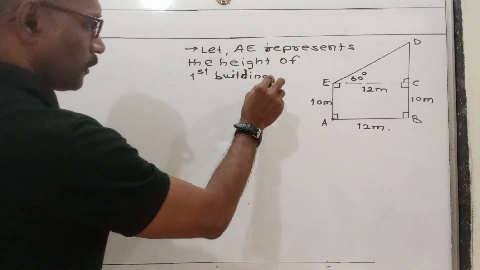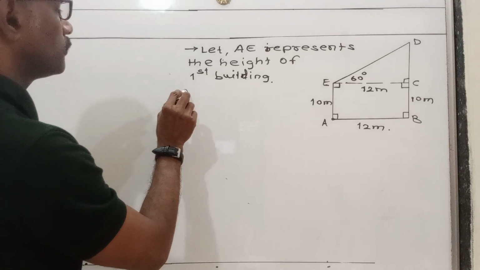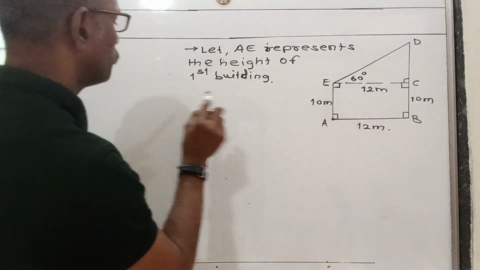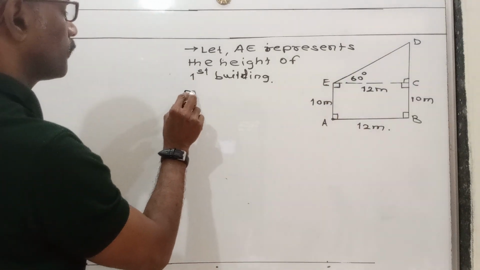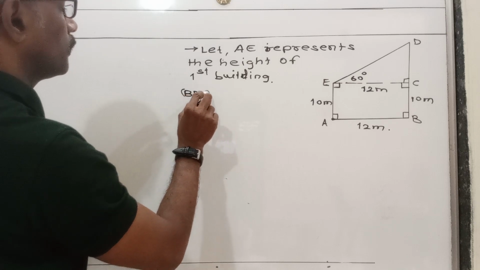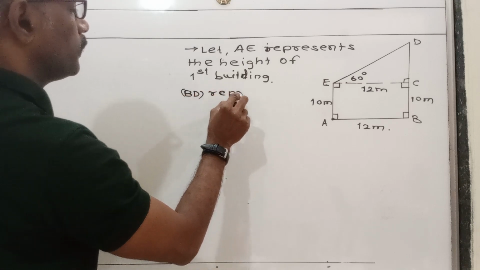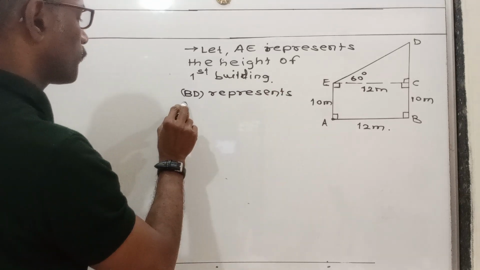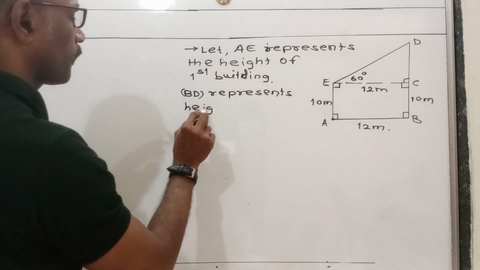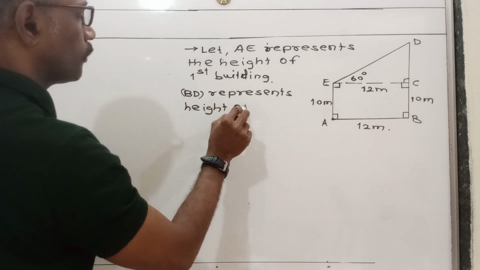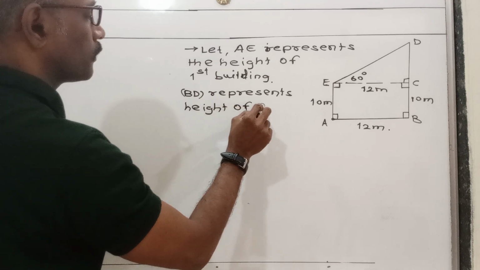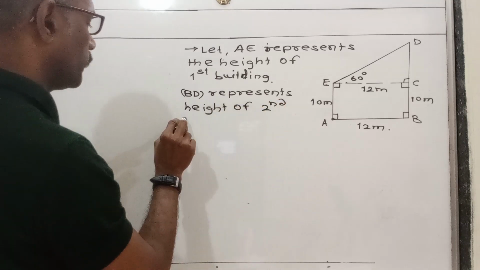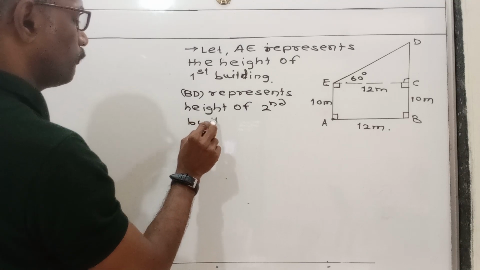Okay. BD represents the height of the second building.